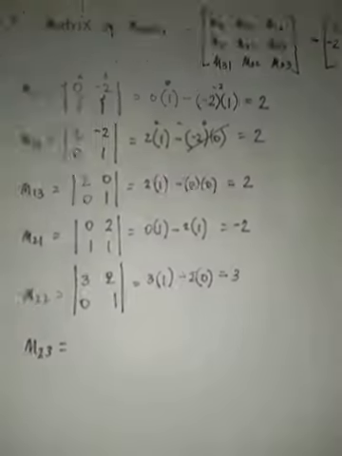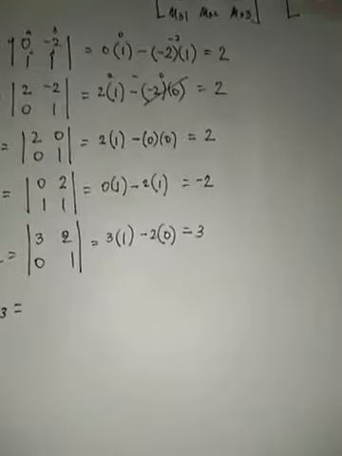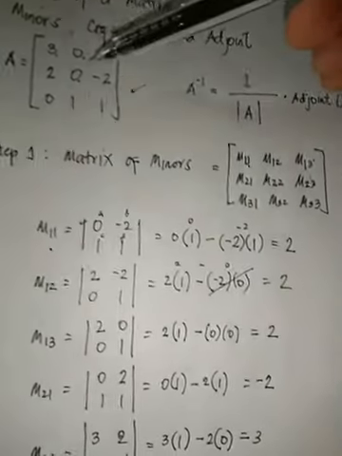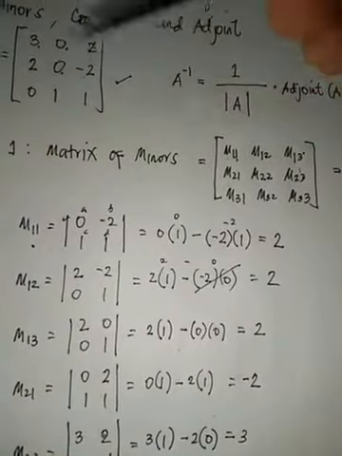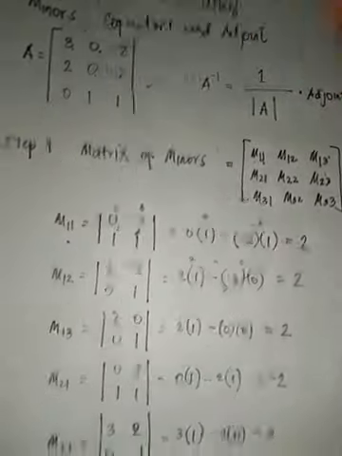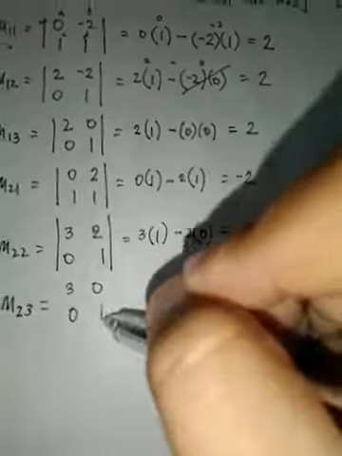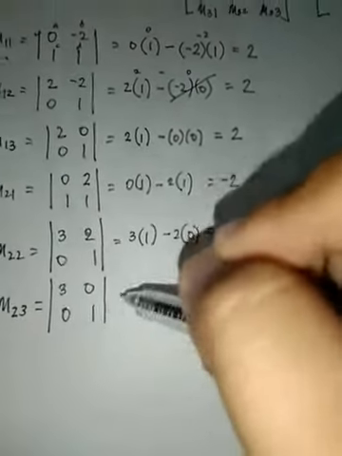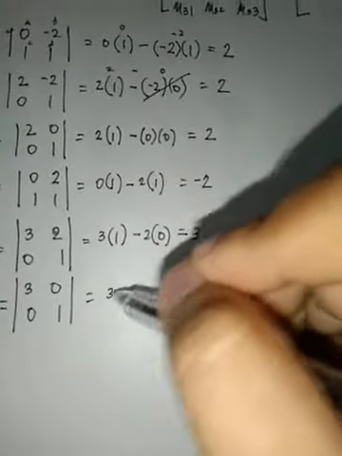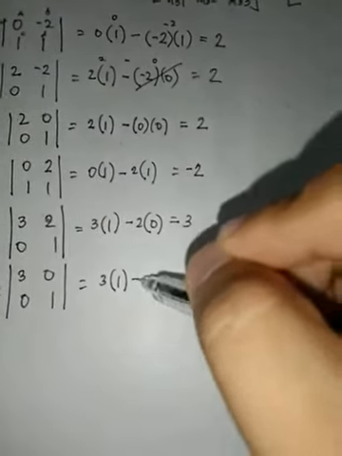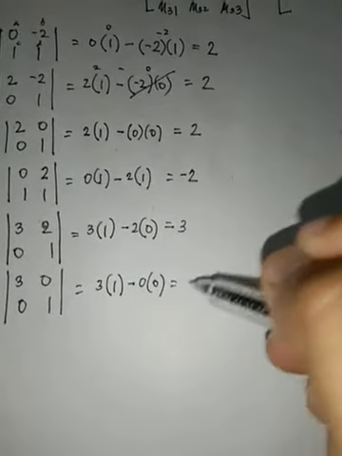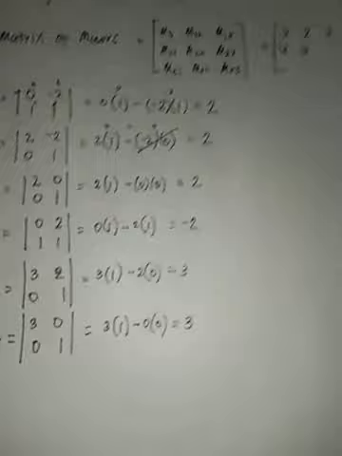So, M23. Saan ang M23? Dito. So, sa negative 2. So, disregard, disregard. So, may 3, 0, 0, 1. Okay. So, we have 3 times 1 minus 0 times 0. So, the result is also positive 3.